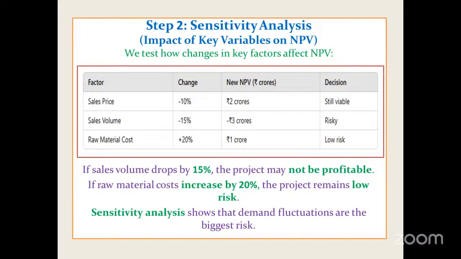If sales volume drops by 15%, the product may not be profitable. Sales volume going completely down 15% means the risk is there, and the product may not be profitable. If raw material cost increases by 20%, the product remains low risk, because manufacturing cost increases but at the same time the sales price may be increased.